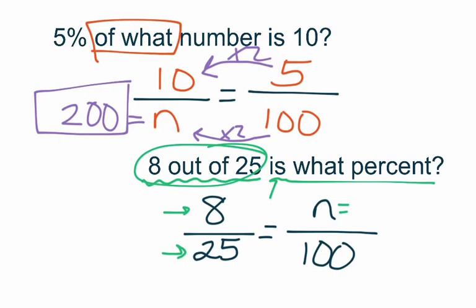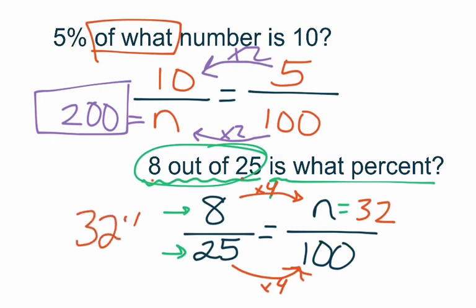So we can solve this one using horizontal. So I know that 25 times 4 makes 100. So 8 times 4 means that 8 out of 25 is 32%.